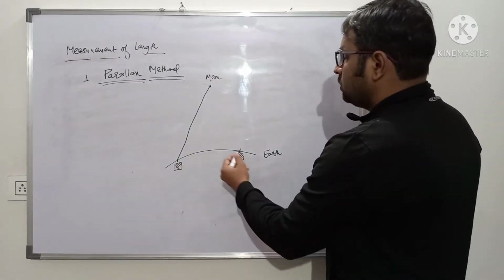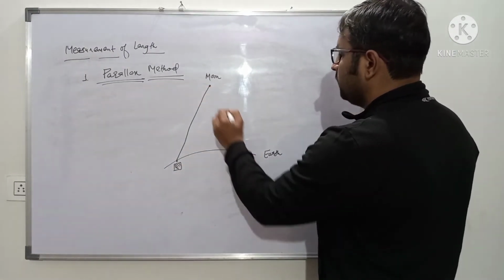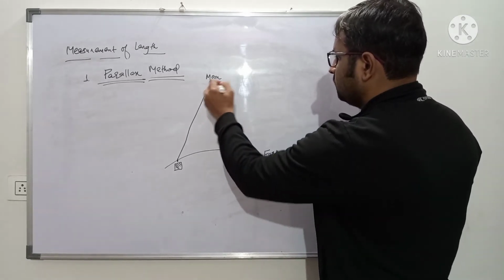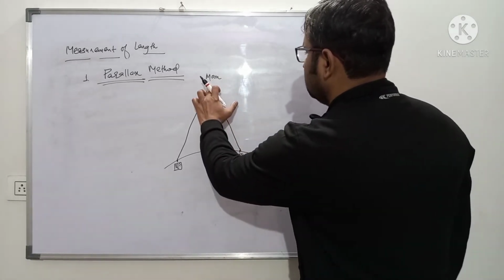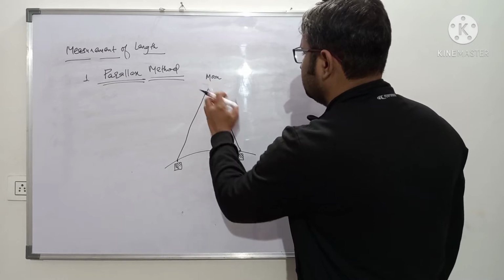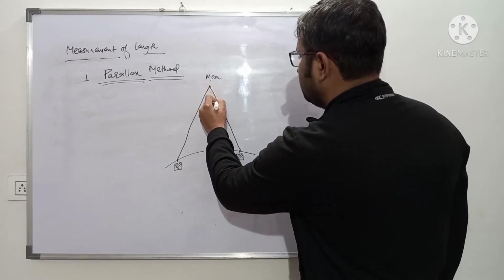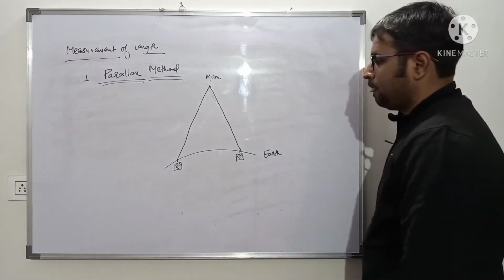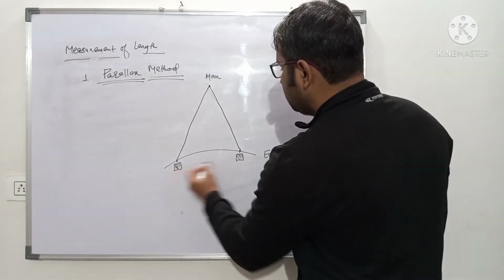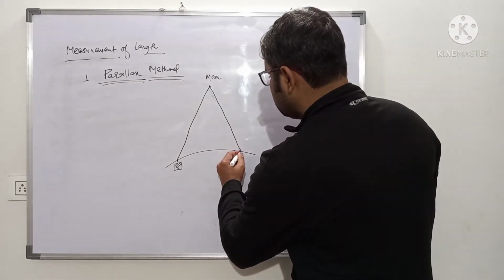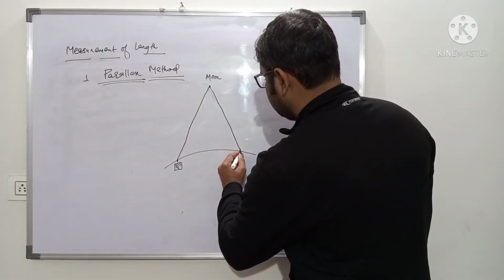And when you observe the same moon from this observatory, you have this line of sight. Let us make it straight. These two observatories are very far from each other, so definitely we can assume it to be a straight line.